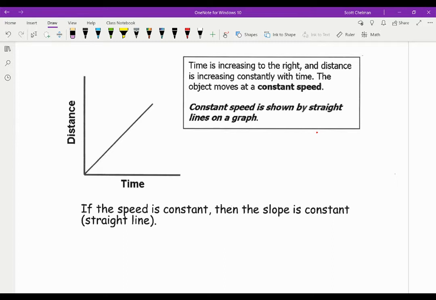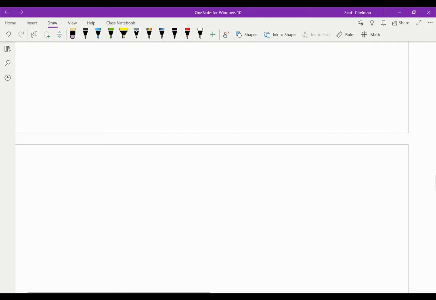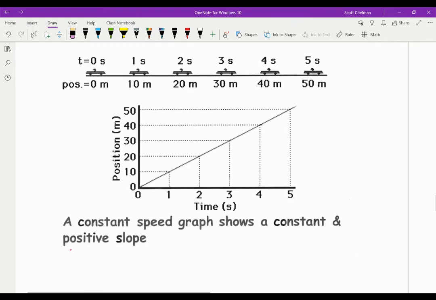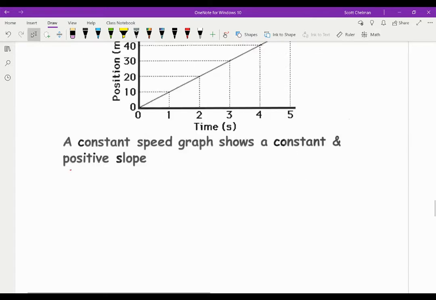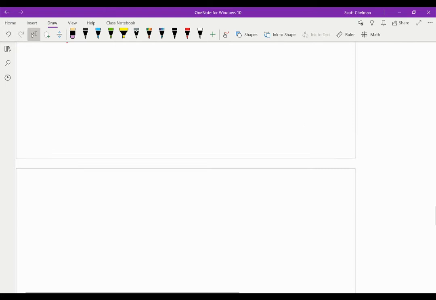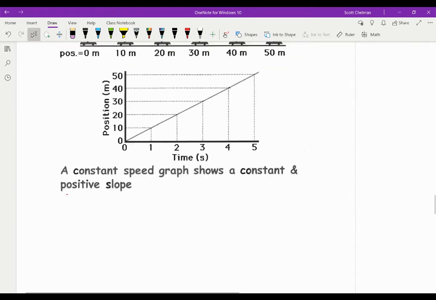Now, here is an important point. And let's look at this first. Yeah, and this describes just what I said. If the intervals are all the same, you're going to get a nice straight line, right? Now, we start to talk about a constant and positive slope.